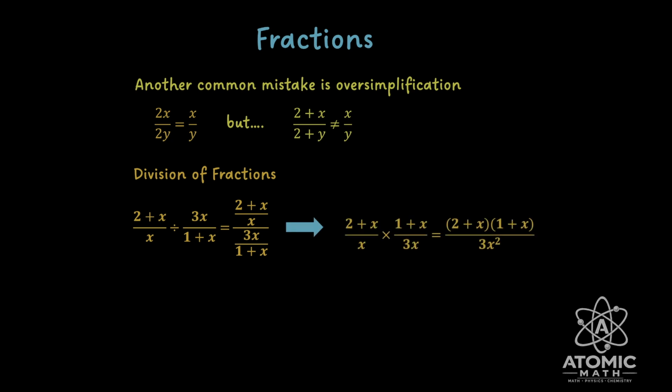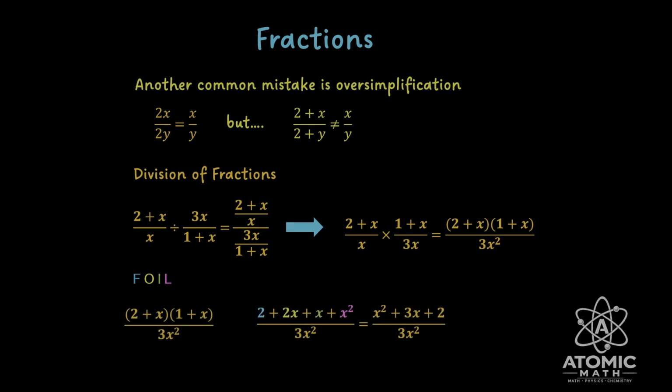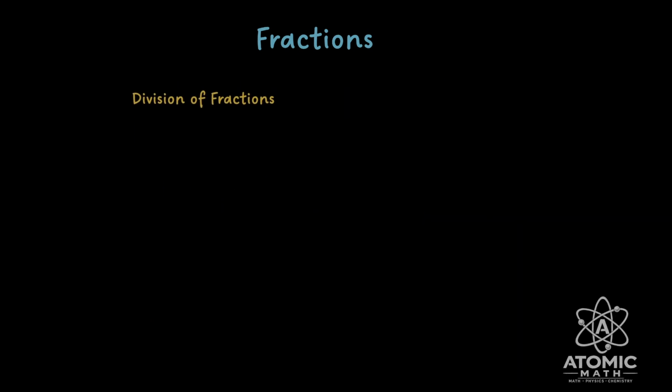So you notice that my bottom fraction, 3x over (1 plus x), is now flipped upside down, and I have (1 plus x) over 3x. So now I can just multiply it out like normal. And of course, we all remember FOIL, where we can just follow those rules to get us to our final answer.